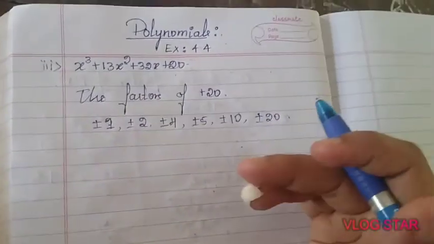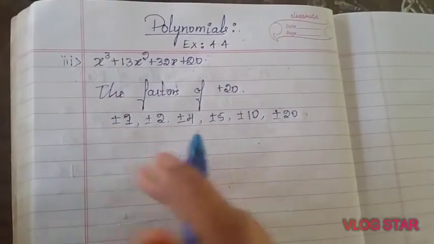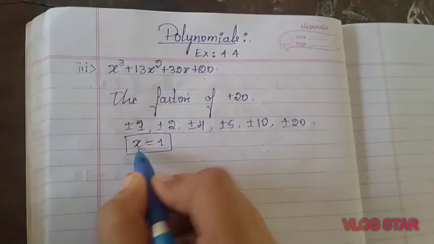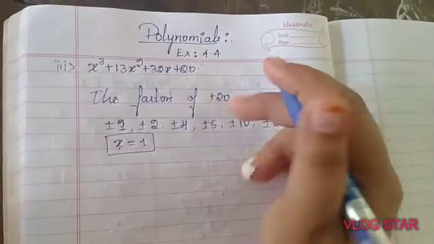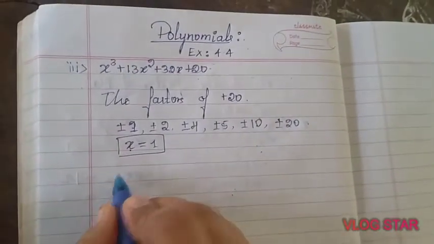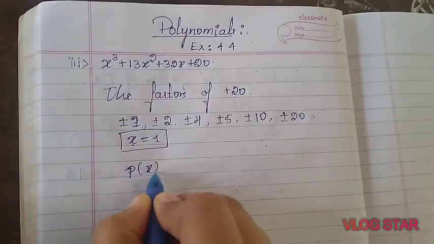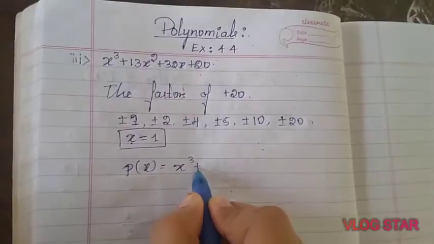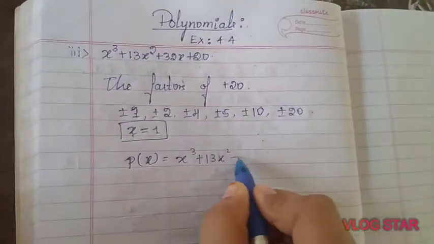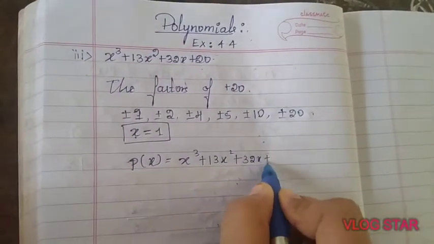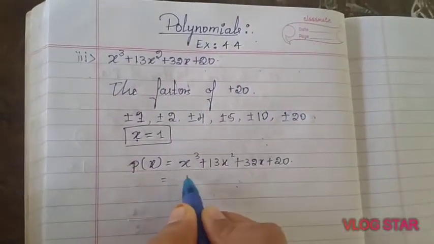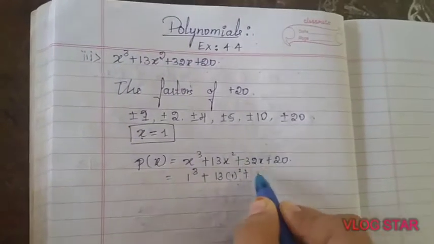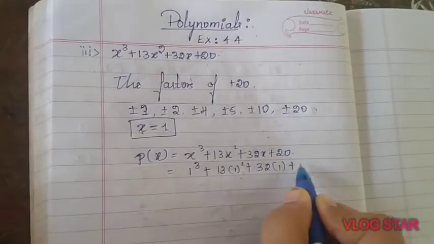Now we have to check by taking these values. First we take x equals 1 and check the value of the polynomial. P of x equals x cube plus 13x square plus 32x plus 20, so p of 1 equals 1 cube plus 13 into 1 square plus 32 into 1 plus 20.